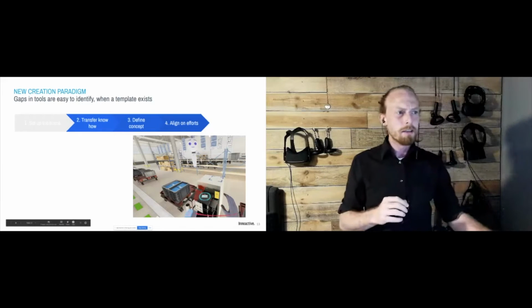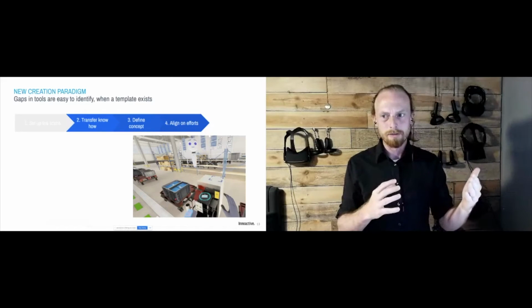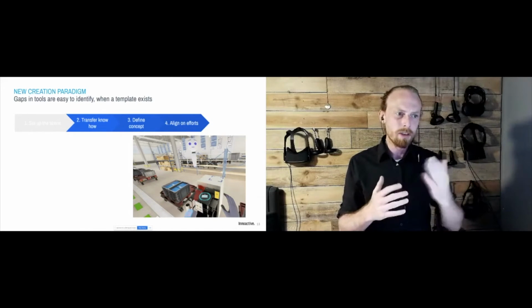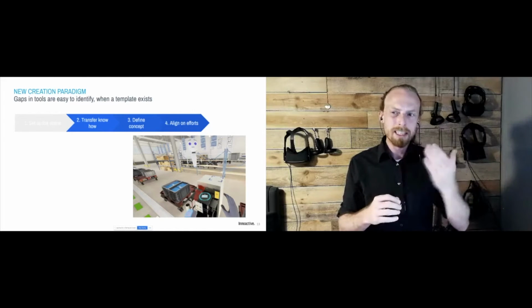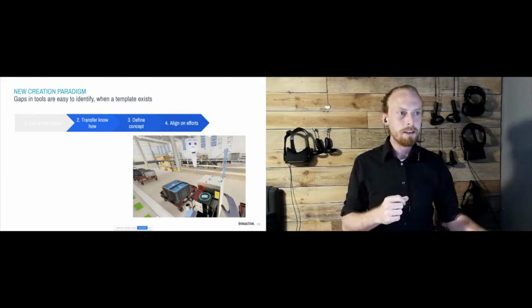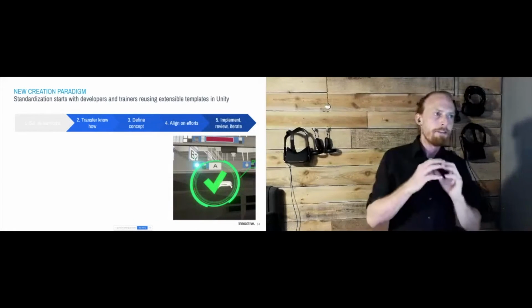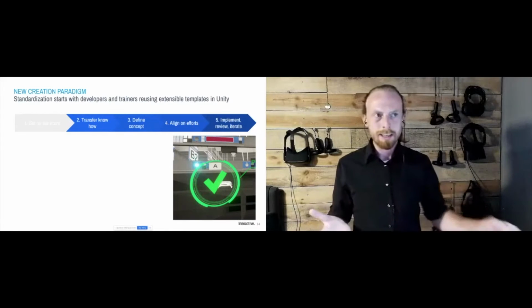Aligning on efforts is something interesting because as soon as you have the creator, you get some security in your process of building stuff. So actually what you could do at the end, if you get more and more into it, you can simply count how many steps you have to create and then estimate how much the training creation process will cost. And finally, implement, review, iterate.